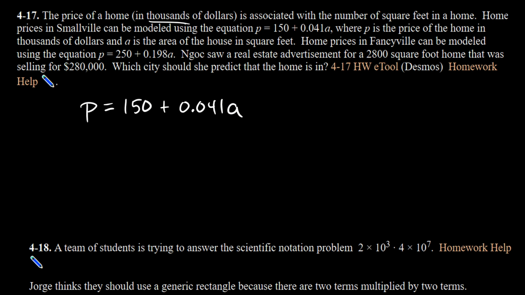We've got Fancyville. It says home prices in Fancyville can be modeled by price is $250,000 plus 0.198 A. All right. Knox saw a real estate advertisement for a home that was selling for $280,000.